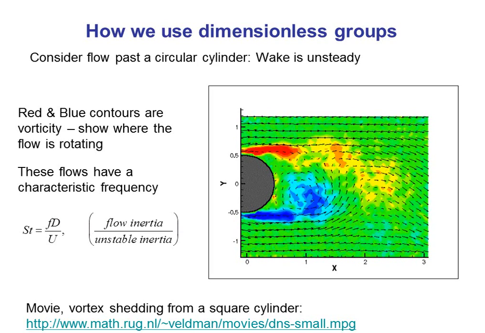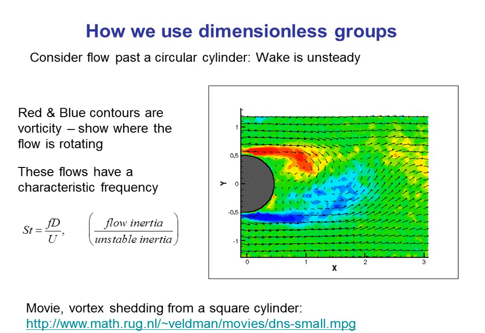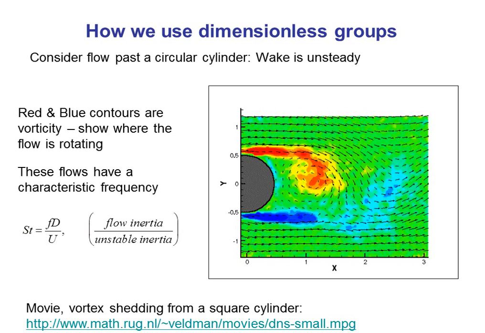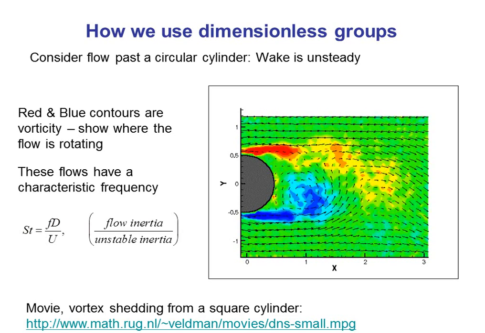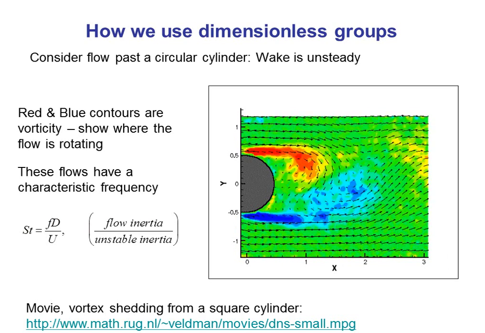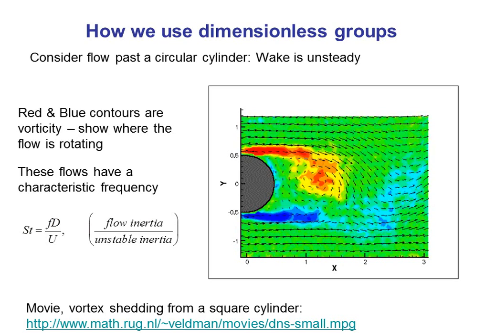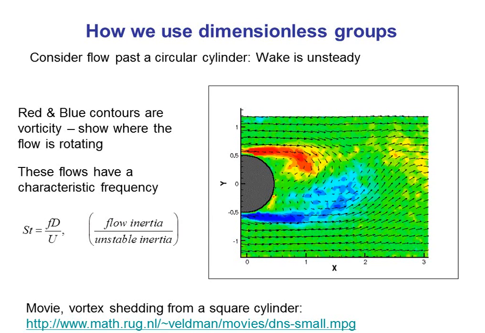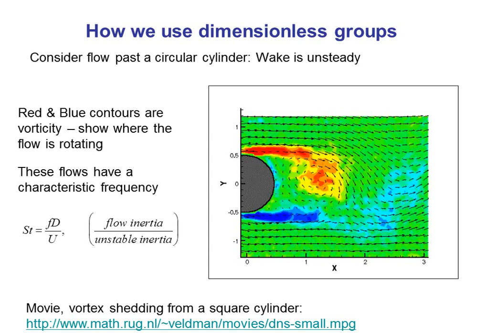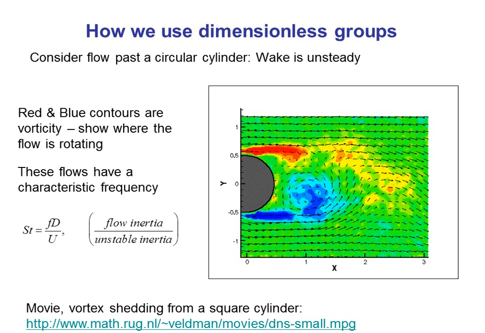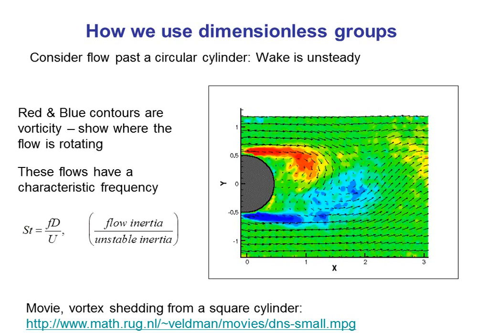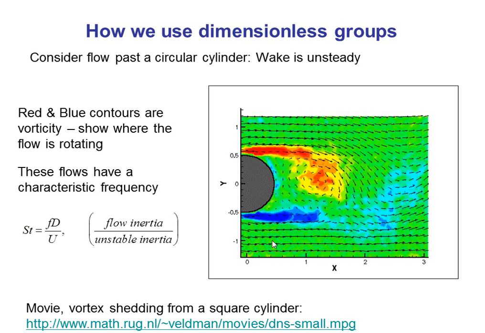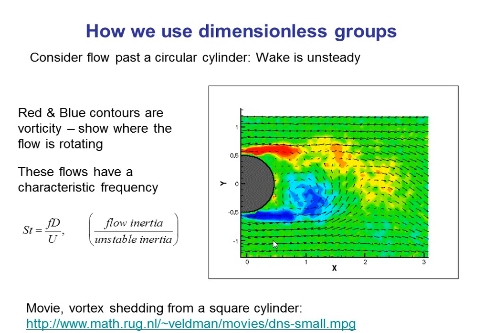I think the red and the blue signify vorticity. Vorticity is where the fluid is not irrotational, it's rotating. So there's a lot of shear. Those red and blue parts are where there's a lot of shear. You can see the boundary: outside here the flow is approximately steady and inviscid, where your Bernoulli equation applies.